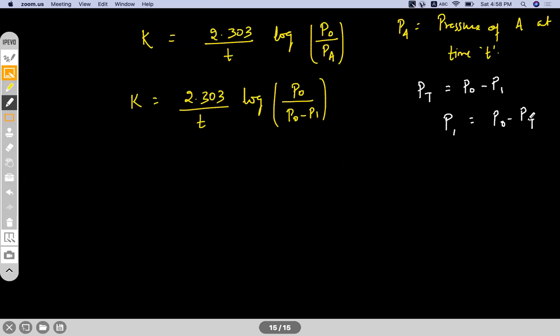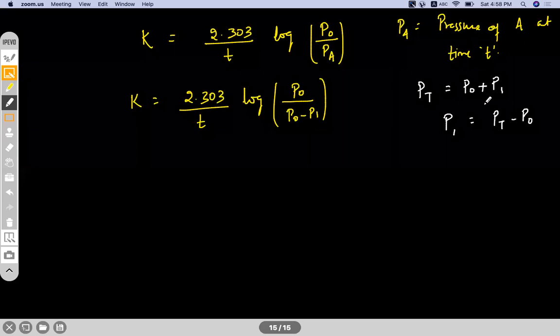Is this correct? Yes, PT is P naught plus P1 we have, correct? So P1 is PT minus P naught, and this P1 we will substitute here.